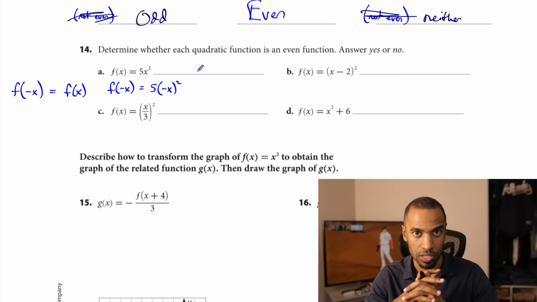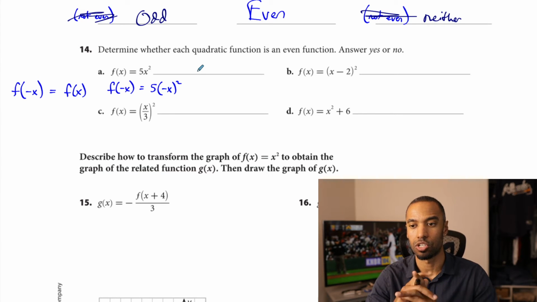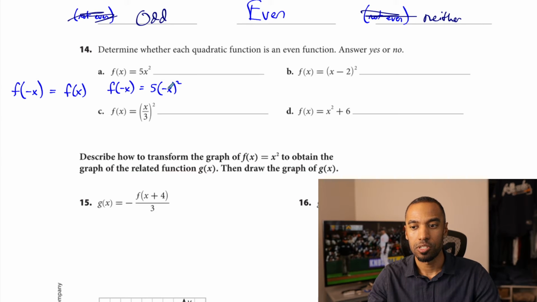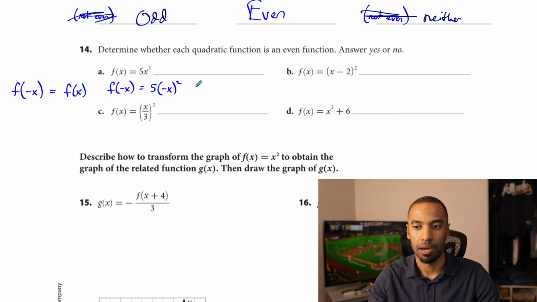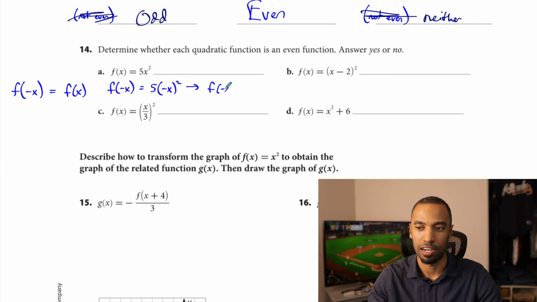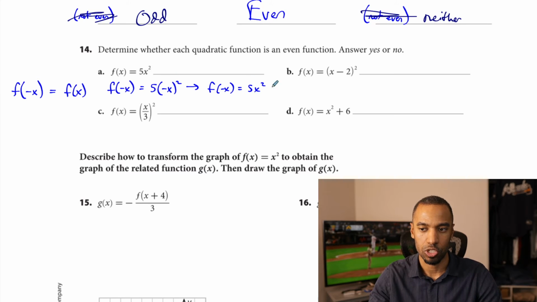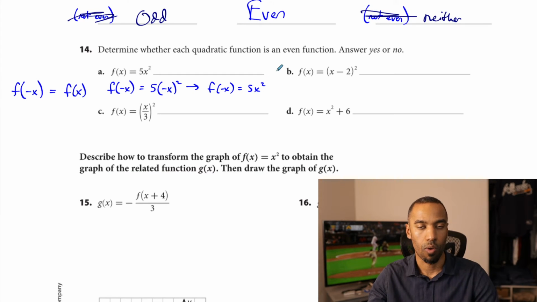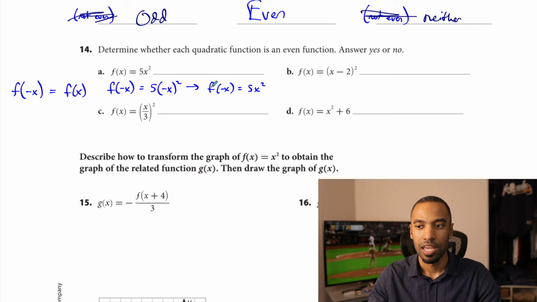It turns positive, regardless of what it was. So the opposite of your x squared should become the equivalent of your positive x. So this f of negative x does become 5x squared, because negative x quantity squared is positive x quantity squared. So yes, f of negative x is 5x squared, just like f of x is 5x squared.